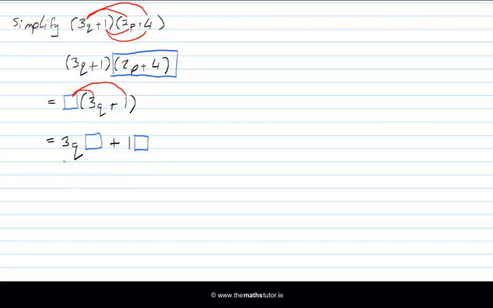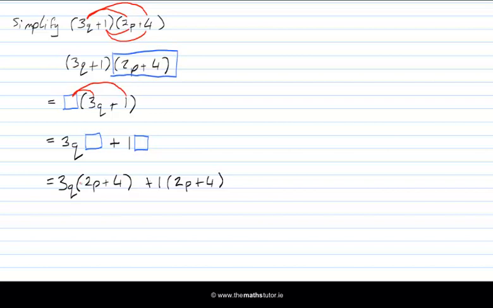But let's not forget that this block actually represents some expression. So we actually have 3q multiplied by 2p plus 4, which is what the block represents. And we have a plus 1, again, times the block, which is 2p plus 4.